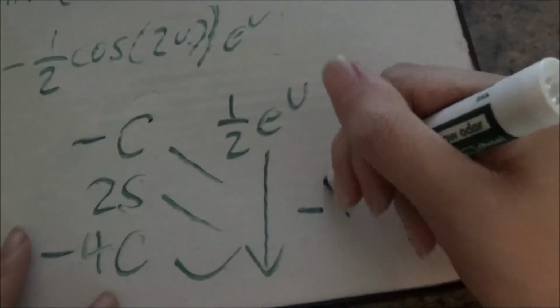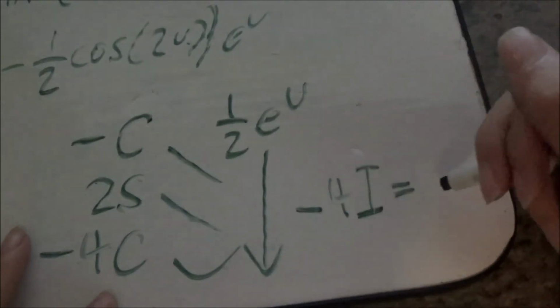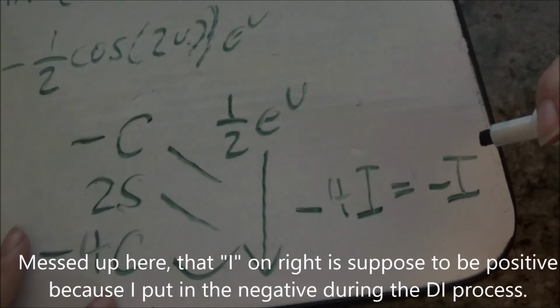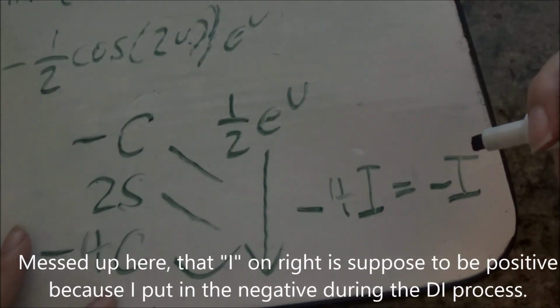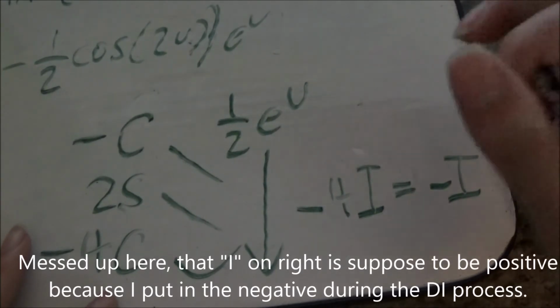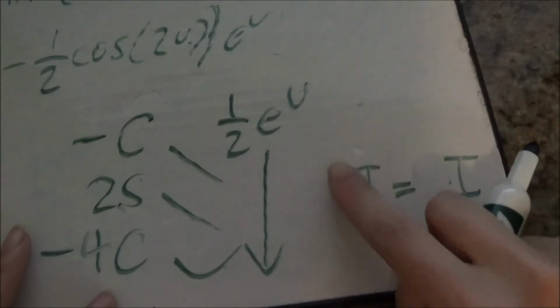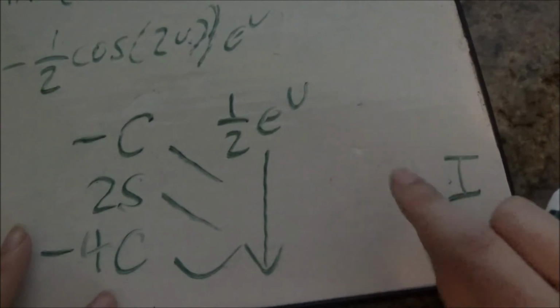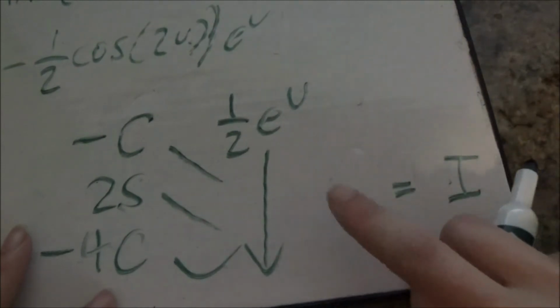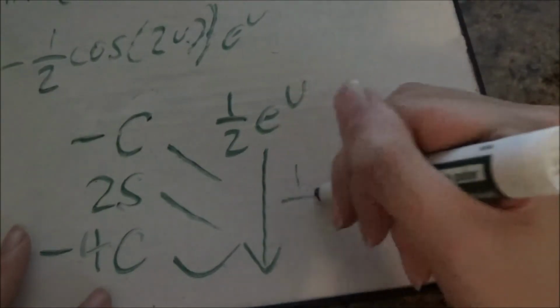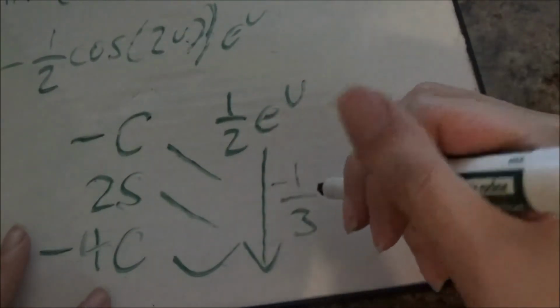So you have minus 4I equals negative I, right? So either you just subtract 4, so this is negative 3, and then you multiply your entire answer with negative 1/3.